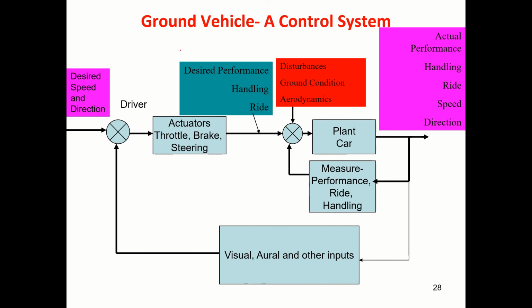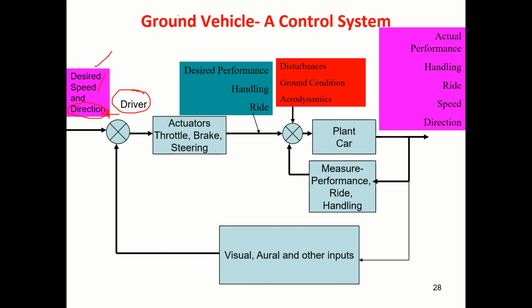So, the ground vehicle control system, let us see. What exactly as a driver am I interested in? I want to achieve the desired speed, and I should be able to maneuver the vehicle in the direction I want, right? I want my vehicle to follow my instructions when I've given a direction.